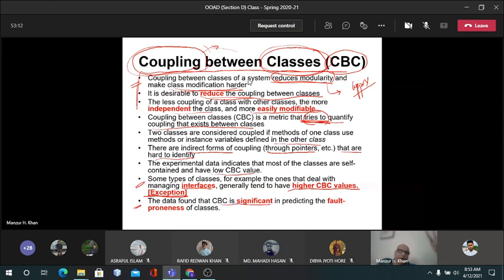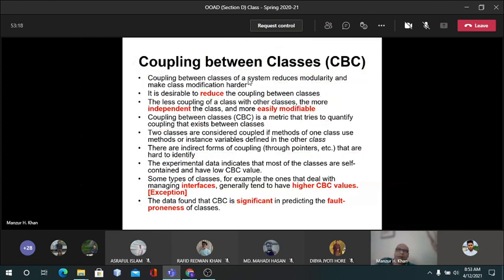Okay. So coupling between classes is a matrix that quantifies how many other classes a class is related with or coupled with. And there are indirect forms of coupling through pointers, which are difficult to identify. Interface classes automatically have a higher CBC value, but it is an exception.